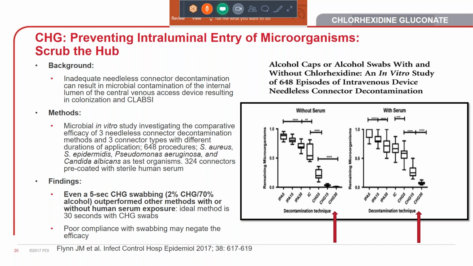I think the authors were right to note that poor compliance with swabbing could negate the efficacy. They did a very rudimentary cost-benefit analysis, and they did indicate that a change from alcohol swabbing to chlorhexidine alcohol would not be cost prohibitive in light of the expected outcome reduction for CLABSI.